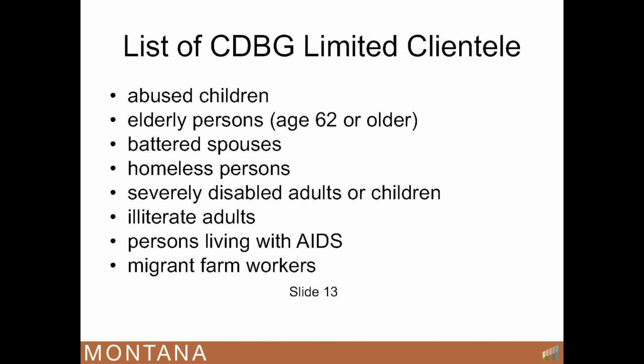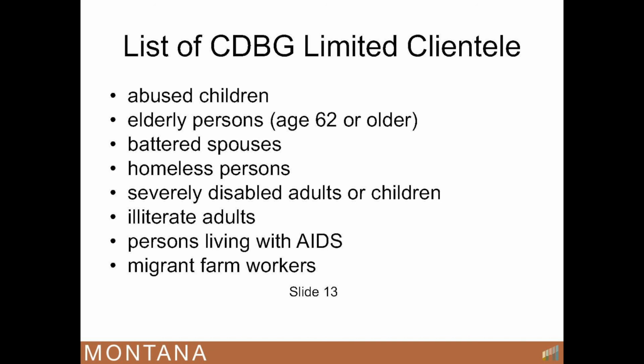Slide 13 lists the 8 groups that have been identified by HUD to automatically consist of limited clientele individuals, including abused children, elderly persons age 62 or older, battered spouses, homeless persons, severely disabled adults or children, illiterate adults, persons living with AIDS, or migrant farm workers.